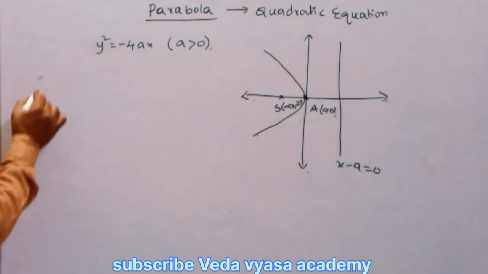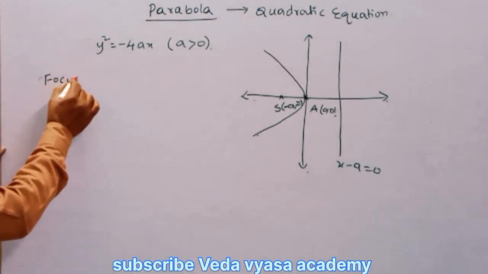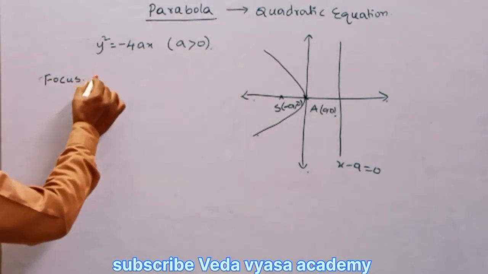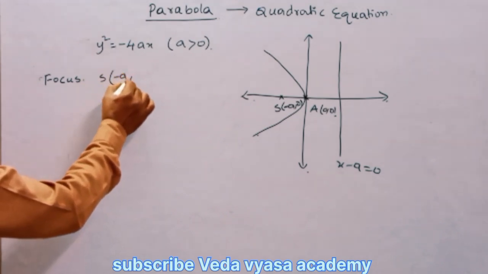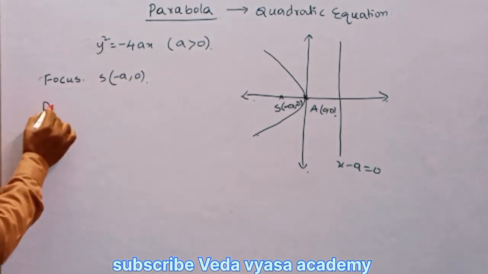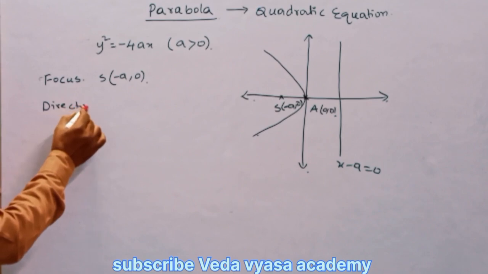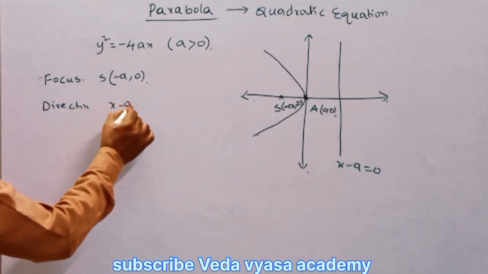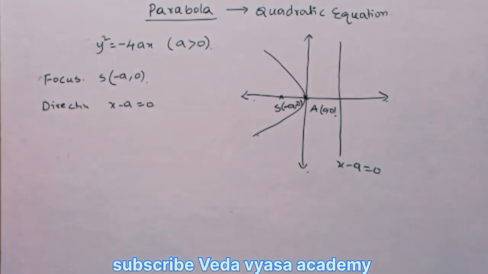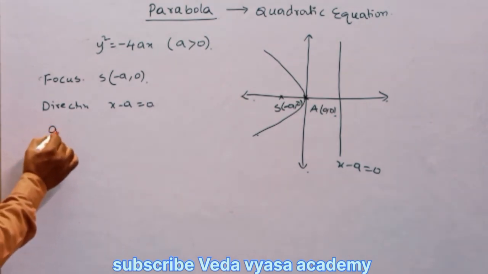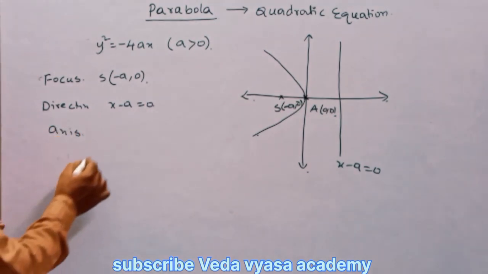So in this case, focus S is minus a comma 0, directrix x minus a equal to 0, and axis is what?